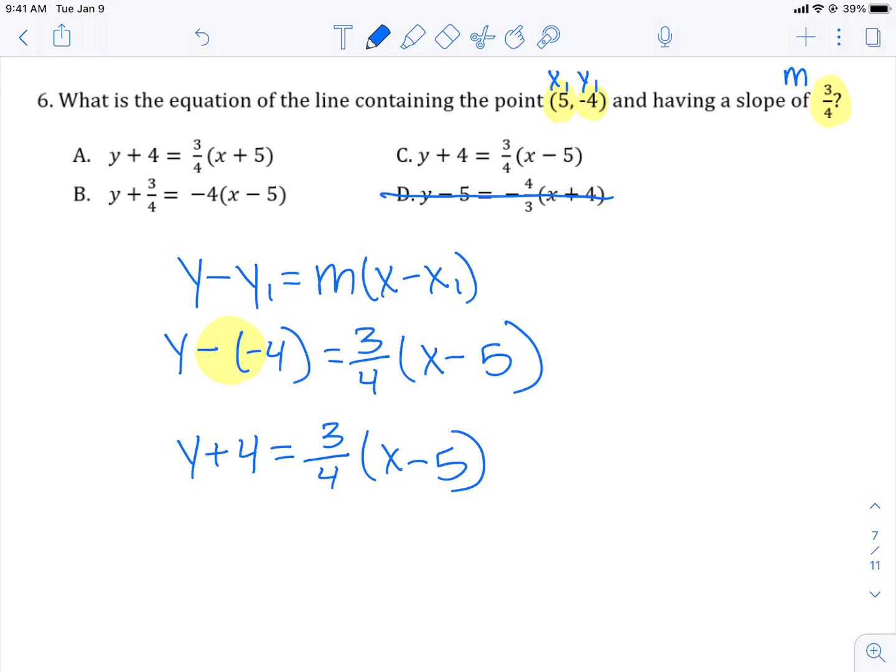If we look at answer choice B, they put the slope with the y and the -4 as a slope, so we can eliminate that one. That's a goofy one. Now we need to pay attention to the signs. We know that we want y plus 4 and we want the x to be minus 5. They're both plus signs, so we can eliminate that one, which leaves me with answer choice C.